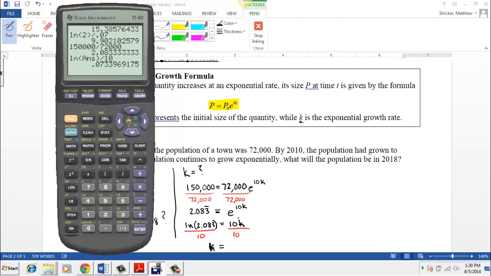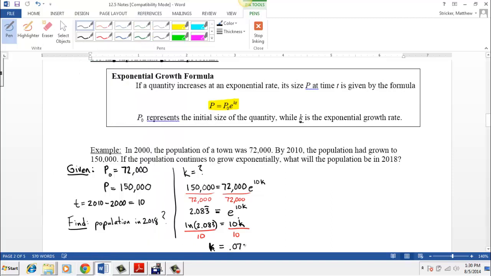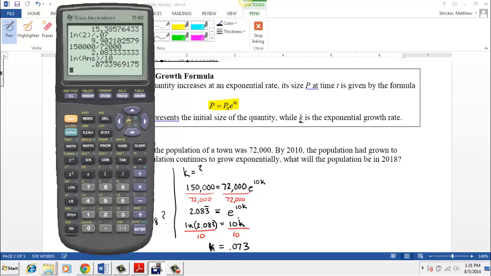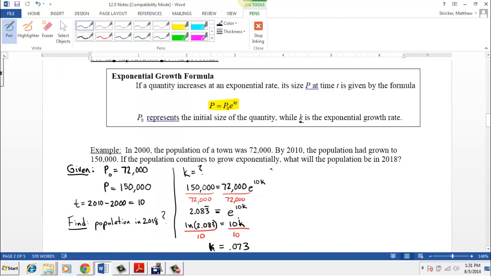My growth rate k is about 0.073. Again though, notice that it's not exactly 0.073 because the decimal continues to go on. So I'm going to have to use the stored value, the ANS, in my future calculation. But we definitely finished the first step of this problem. We found out the growth rate. We found out what k was equal to. K is about 7.3%. Now we can go ahead and answer the question, what's the population in 2018?